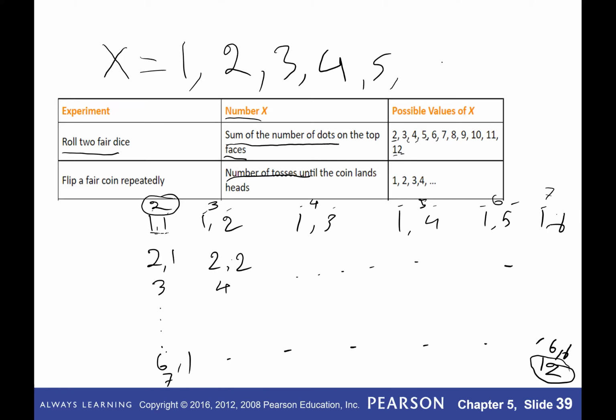I think if it is a fair coin, then for sure you will get a head before 1,000 times or 100 times or 10 times. But is it still possible that in 100 flips or in 1,000 flips you cannot get a head? That means you have to flip the coin more. So that's why x can take an infinite number of values.